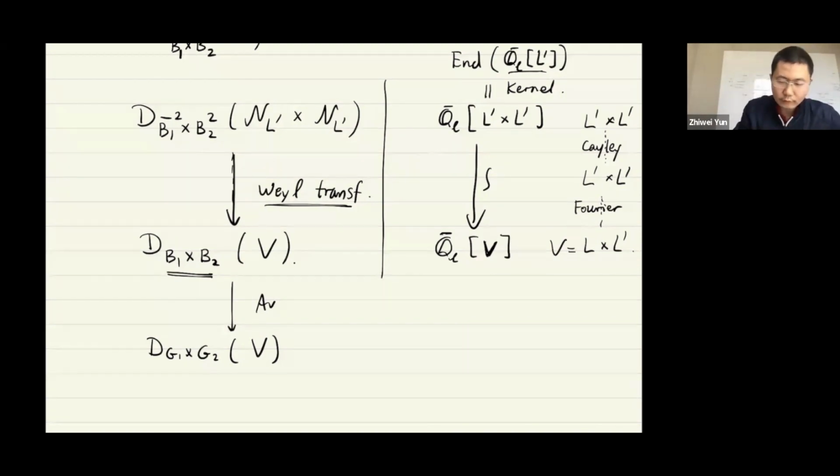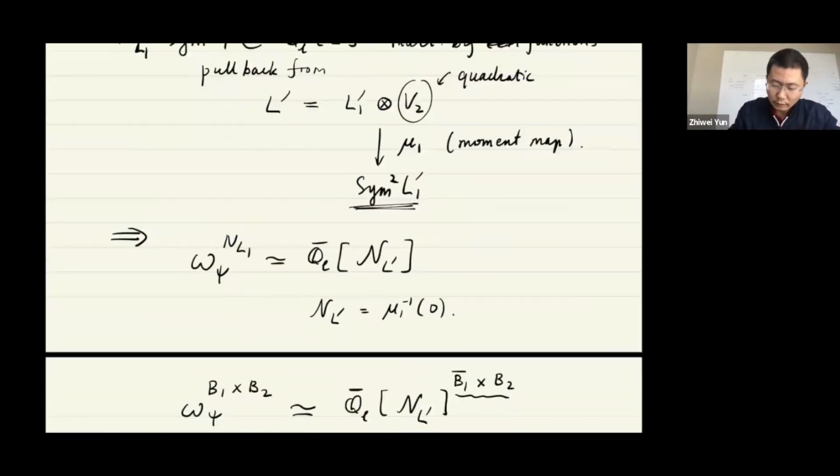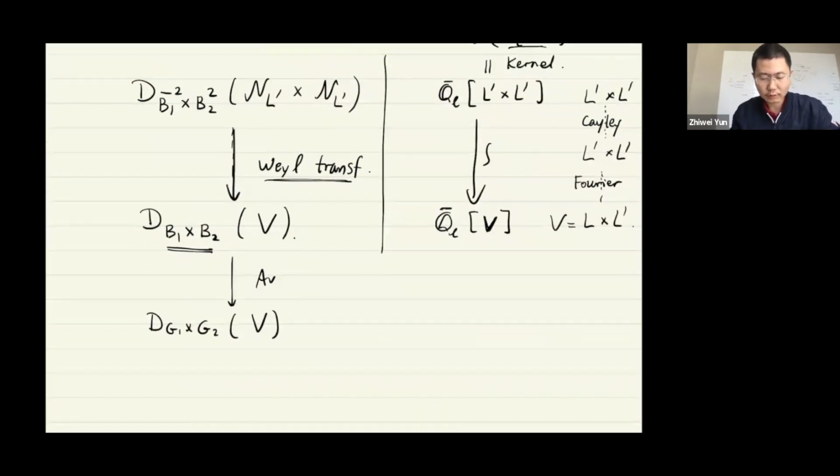But the difference is exactly this red square. Equivariance with respect to that part is already encoded in the condition that our functions or sheaves are supported on the moment cone. So the result lands in B1 times B2 equivariant sheaves.